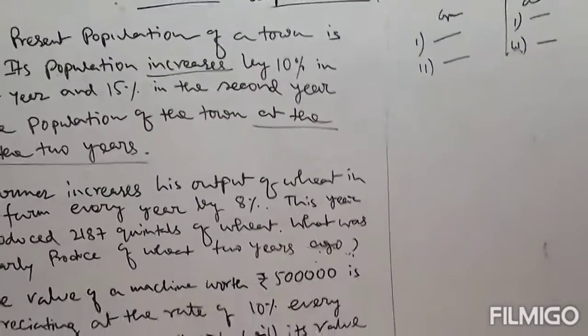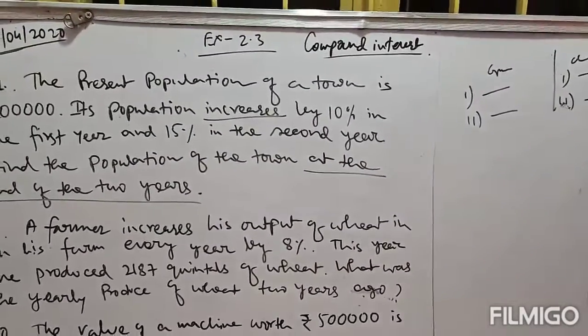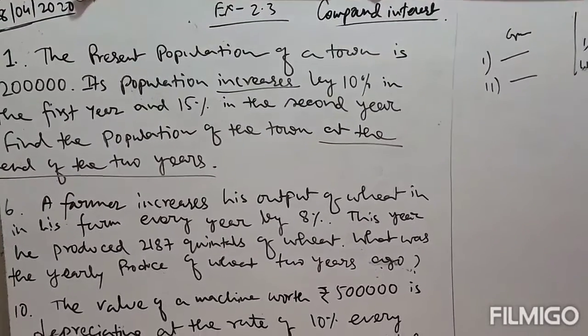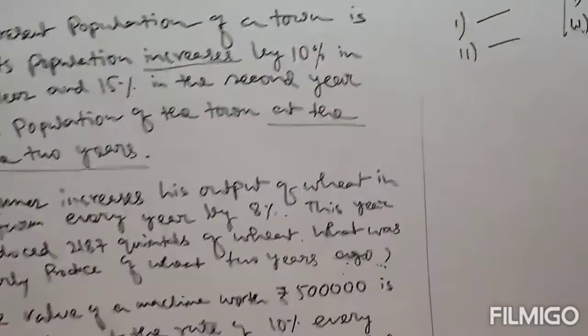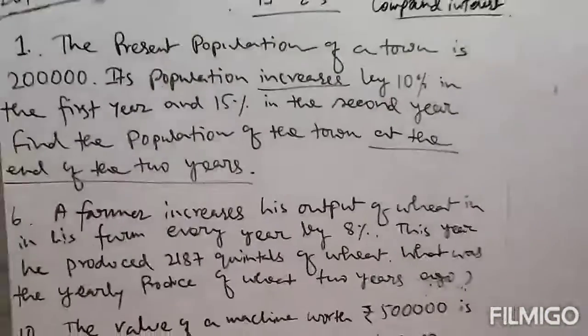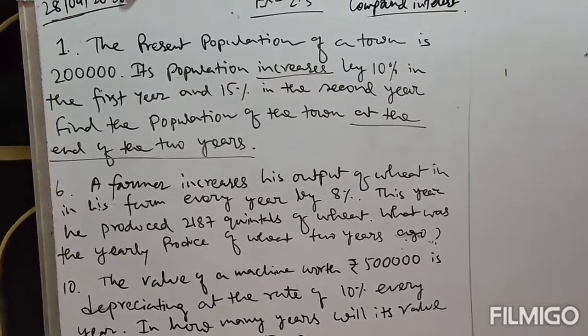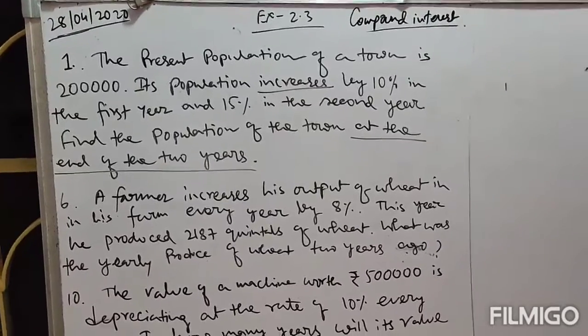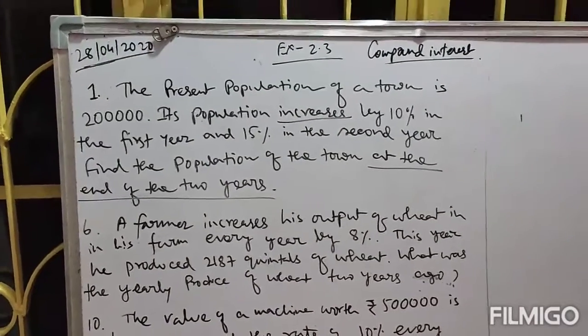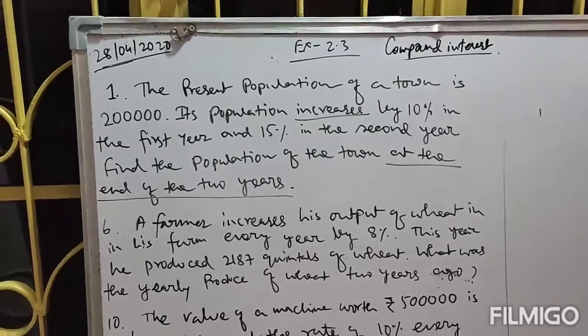If the growth rate changes, the formula will be V equals V0 times (1 plus R1 by 100) times (1 plus R2 by 100), and so on. So in total there are 5 formulas. We first have to decide whether it is growth or depreciation, and if growth, whether it is after or ago. Clear? So here we use the growth formula, and after 2 years.